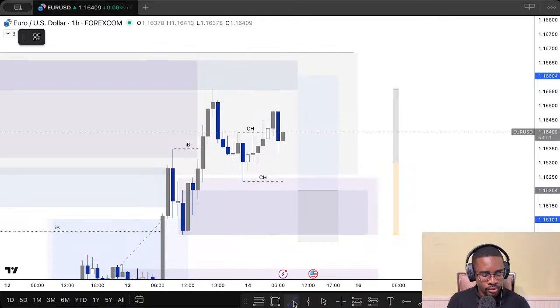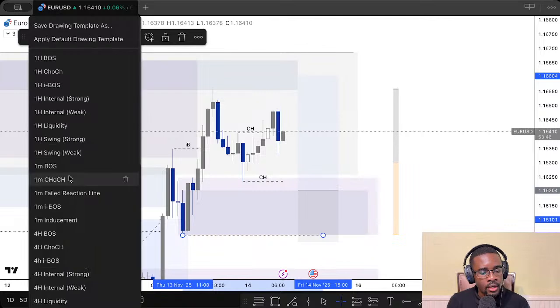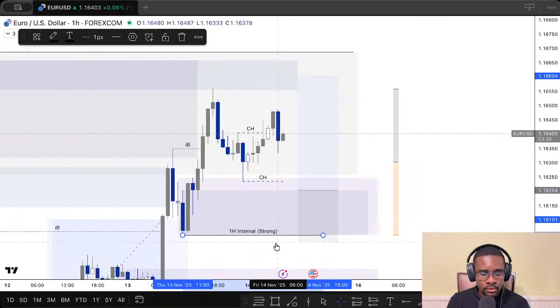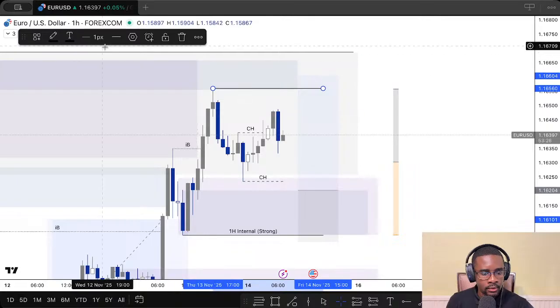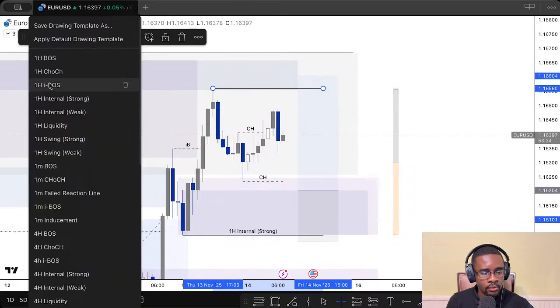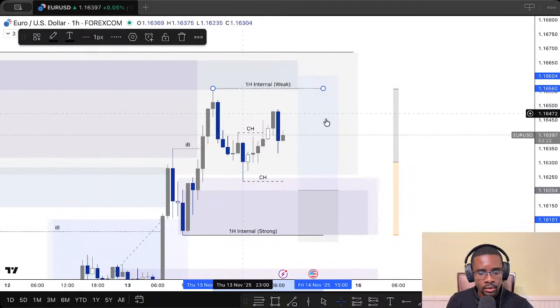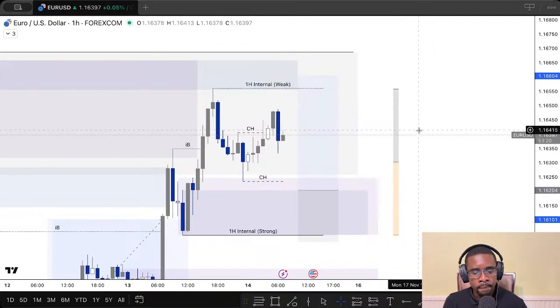So if we are to still mark out our strong and weak areas, we have a strong low here. Internal, that's strong, and then this is our weak internal high.